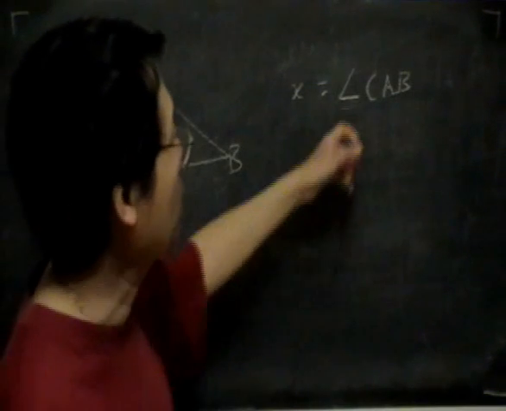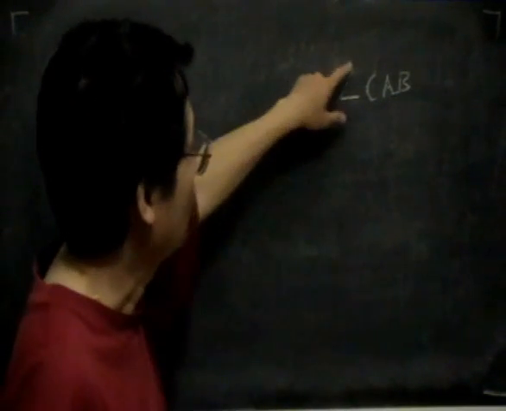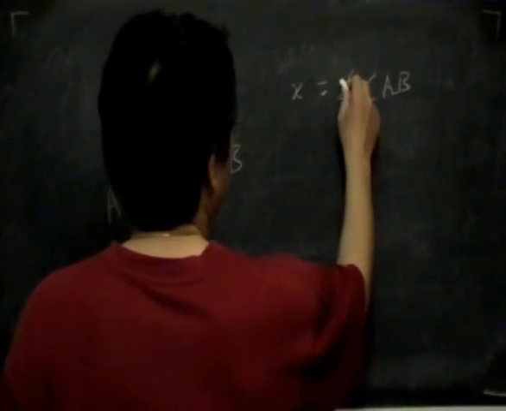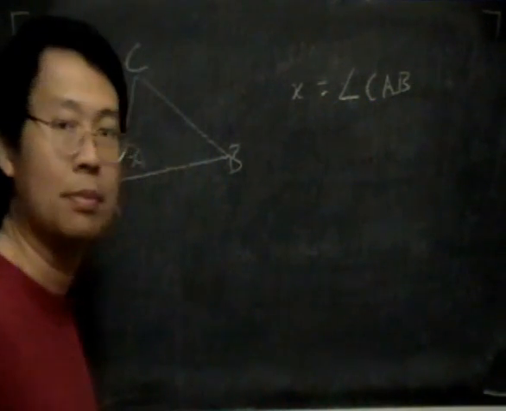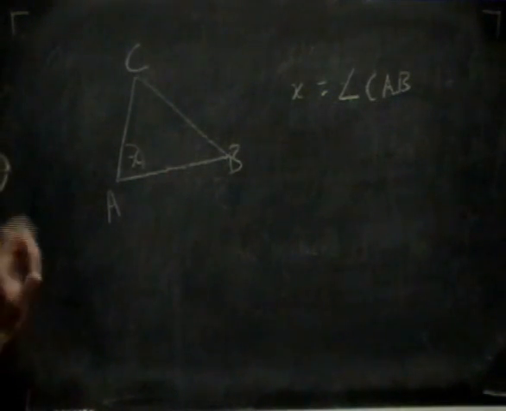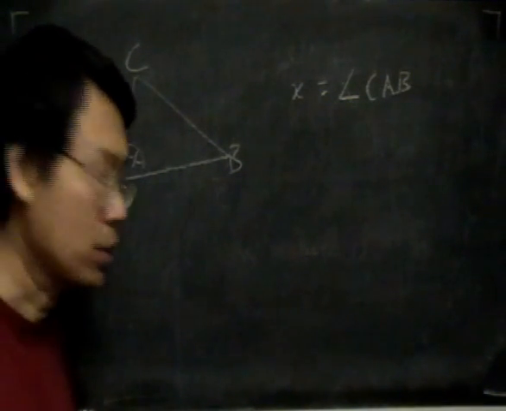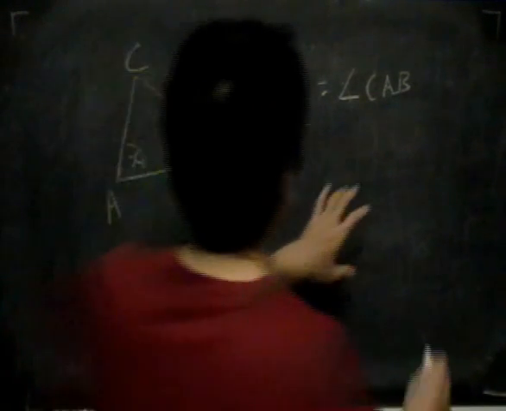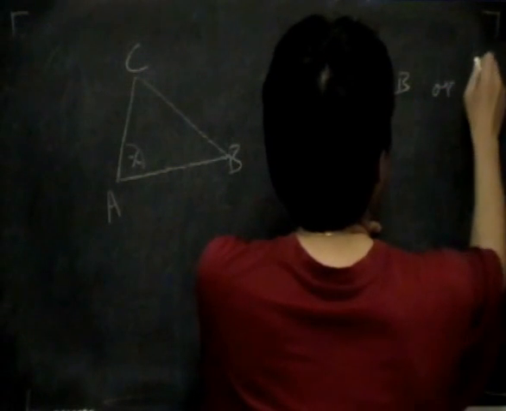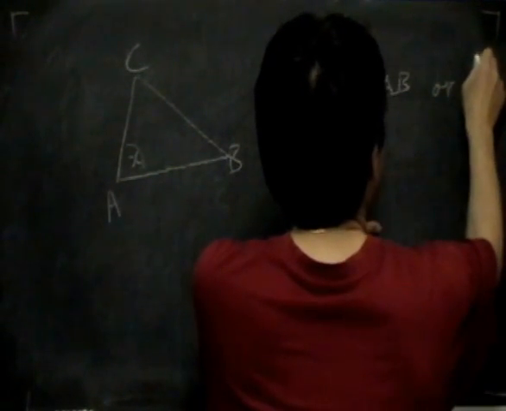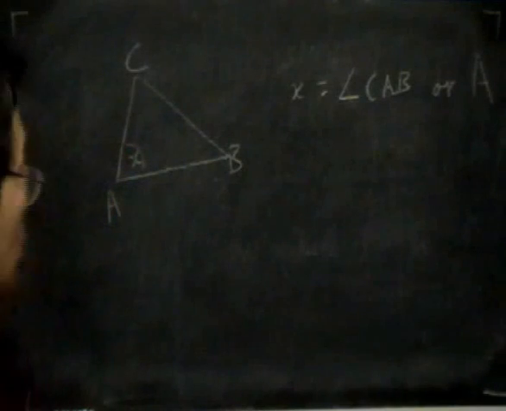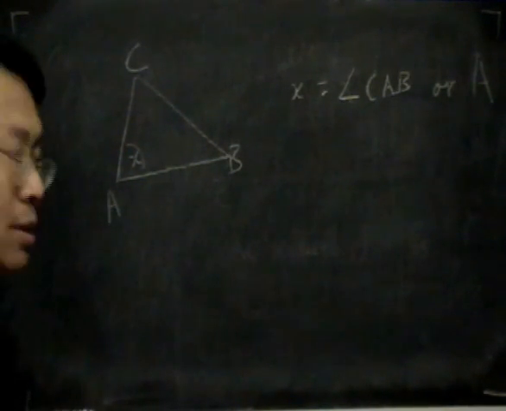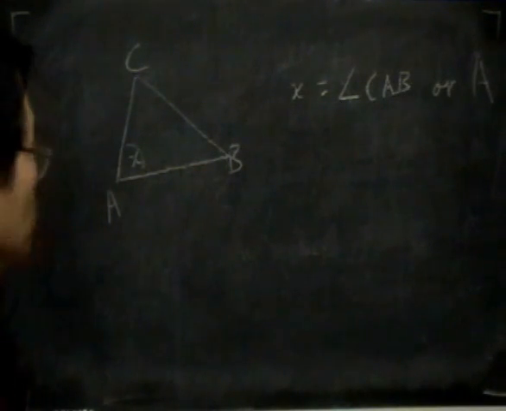Okay, so you see this notation quite often. That's the angle notation. Some people might put a cross there, but you get the idea. Now another way that is also quite common of naming this angle is just to call it A. Call it by the name of the corner. So if I say angle A, that's quite obvious which angle I'm talking about.